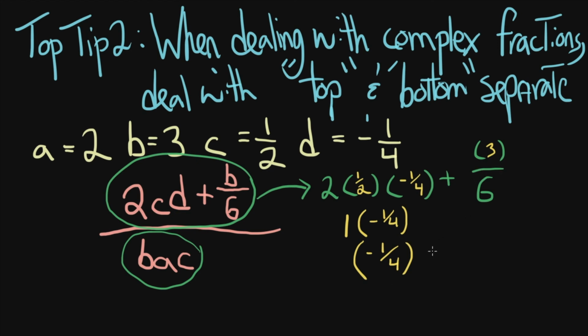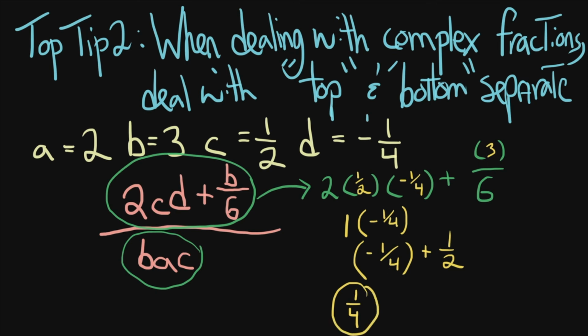And 3 over 6, so that's just a half. What's a negative quarter plus a half? So really quick, I think that will give me a positive quarter. So your numerator is going to be a positive quarter.